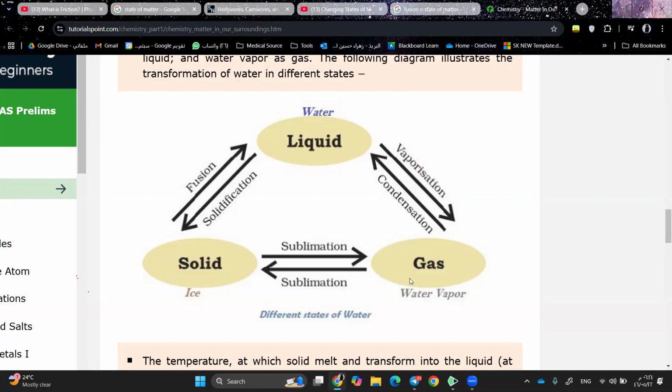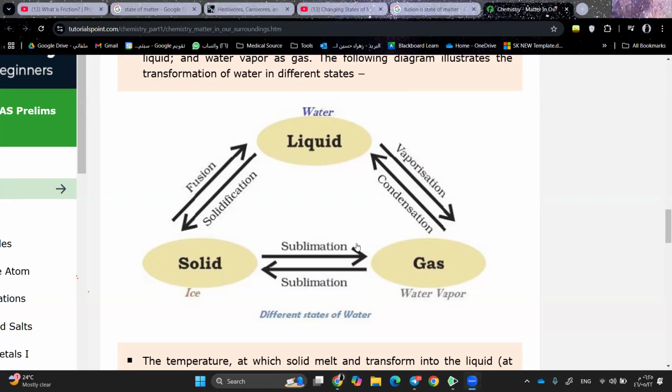From gas into solid, it is also sublimation. From liquid to gas, it's going to be vaporization. Vapor, which is the gas. And from gas to liquid, the process is called condensation. It will condense.